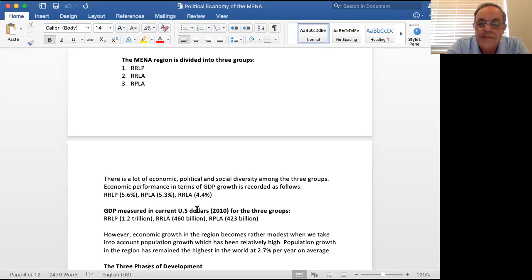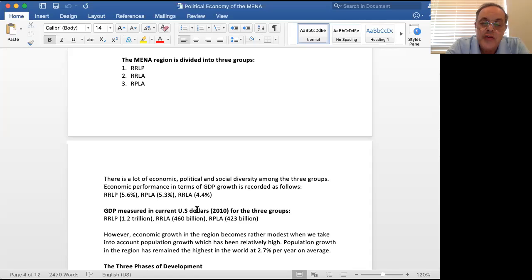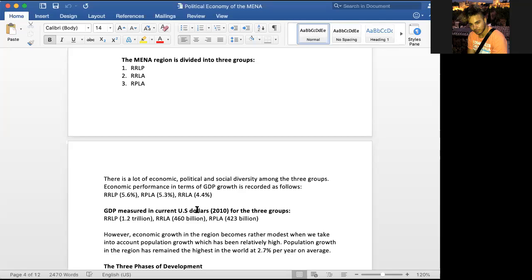Wait, what was the question? Could you rephrase it? Yeah, the question is, why did the resource-poor, labor-abundant outperform the resource-rich, labor-abundant? It's because of the oil. They relied on the oil too much, and once the economy crashed or something like that, the countries like Saudi Arabia were too dependent on oil.